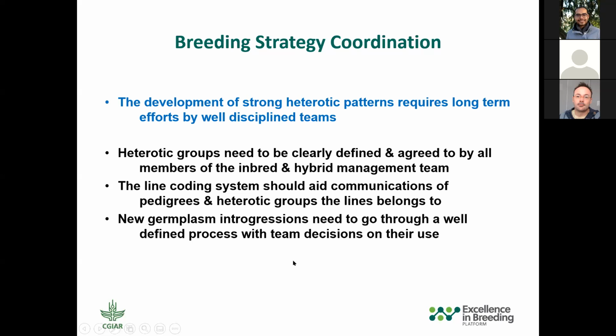Again, you could have these two breeders, they each pick up a line, they put it on a couple testers, and maybe one decides to put it on the A side and the other one puts it on the B side. That's a problem. Okay, you need to avoid that. You need a standardized introgression process, and everybody agrees and places the new line on one side or the other.